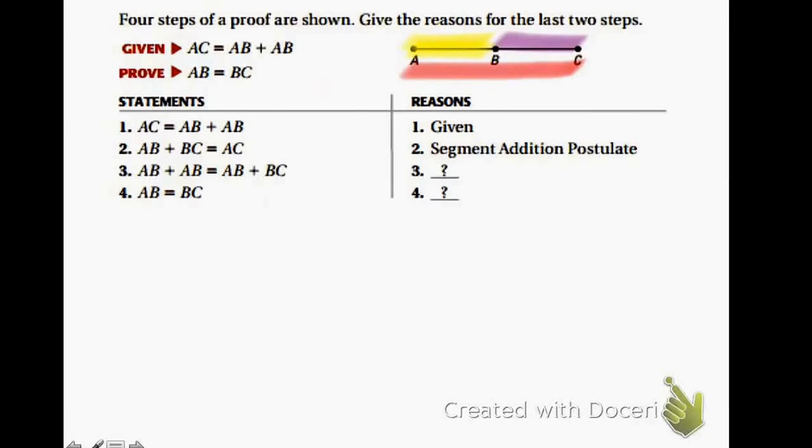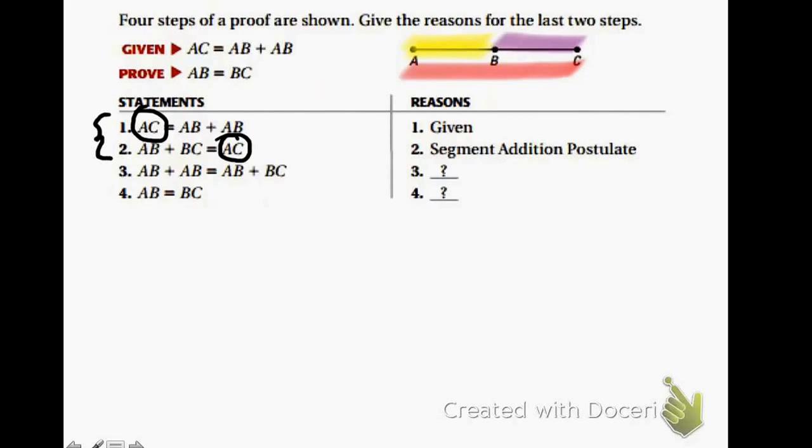Again, it requires us to look at those two statements. Again, we notice we've got the same thing equal to two different things. Okay? We have AC is equal to AB plus AB on the first one, and then AB plus BC equals AC on the second one, or we could rewrite that as AC equals AB plus BC, either way.